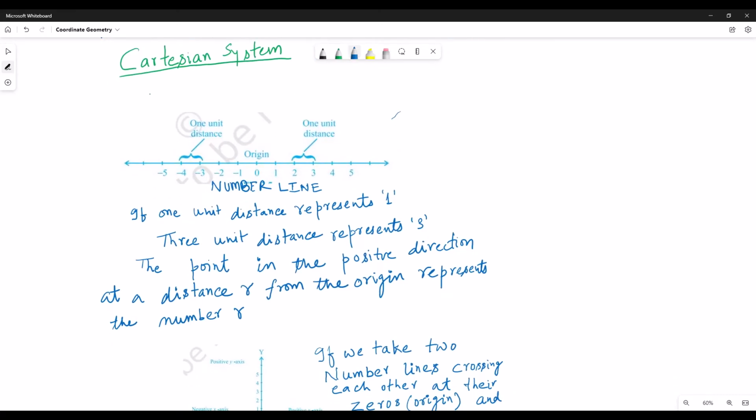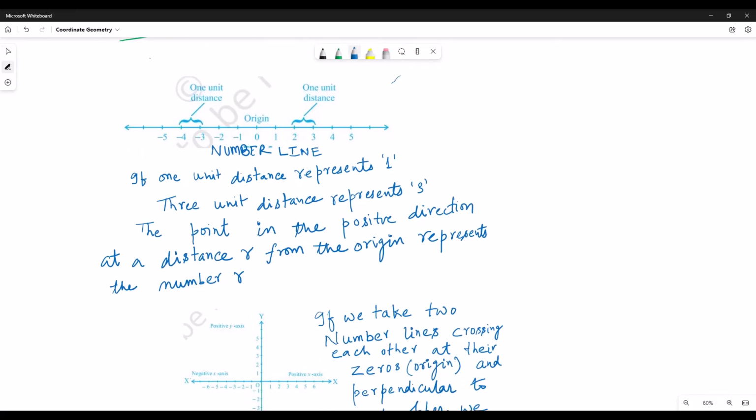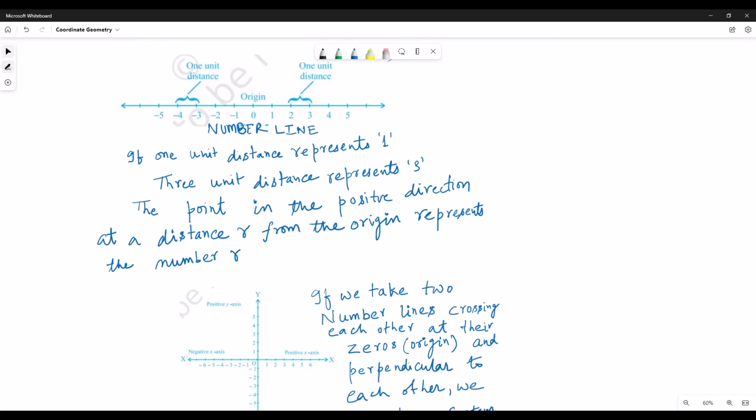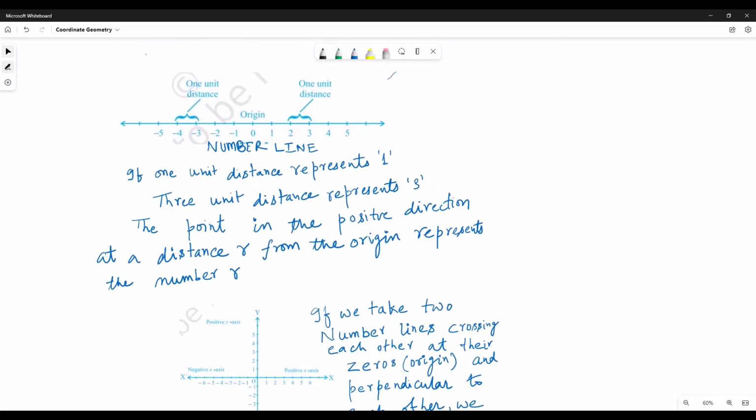We already know the number line, and the number line is the use of a unit distance. We say that one unit distance represents one unit. So if the 0 to 1 unit distance is 1, then 3 unit distance represents 3. The point in the positive direction at a distance r from the origin represents the number r.